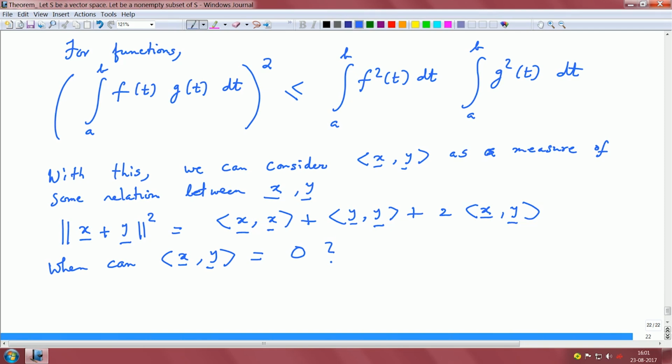And the intuition that we get with the Pythagoras theorem is, if you have a right angle triangle, the sum of the squares of the adjacent sides is basically the square on the hypotenuse. Now, what is this x and y?